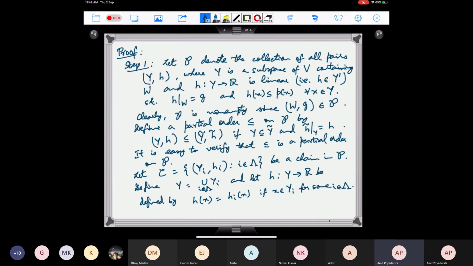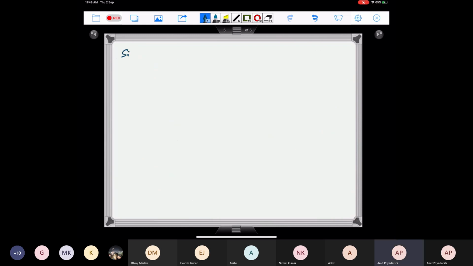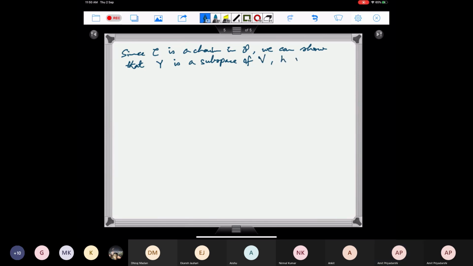So, since this C is a chain in P, we can show that this Y is a subspace of V, h is well defined, and h from Y to R is linear.